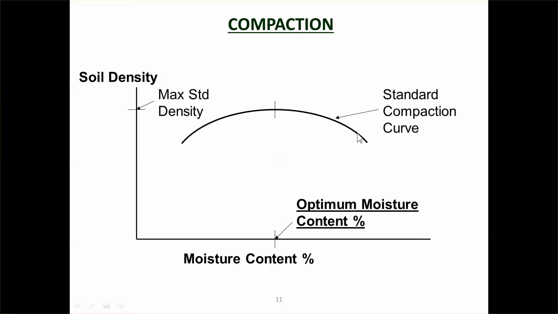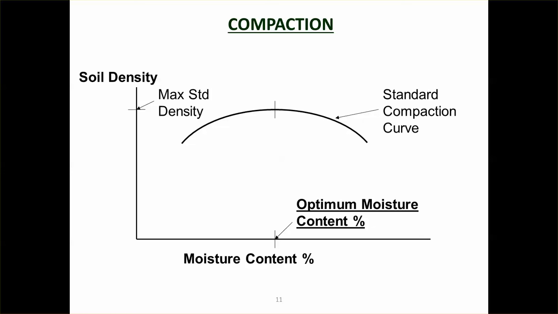On the other side, if there's too much moisture, there's going to be pore pressures resisting the soil particles getting into a strong, stable structure. So there's a point, the optimum moisture content, where there's just enough lubrication for the soil particles to arrange themselves into as dense a state as they possibly can, but not so much that it prevents them from doing that.